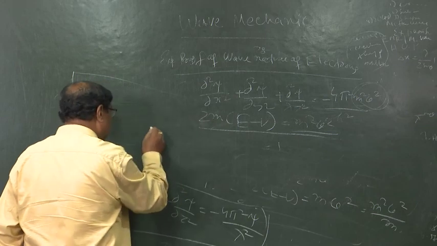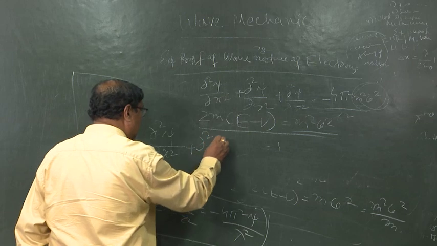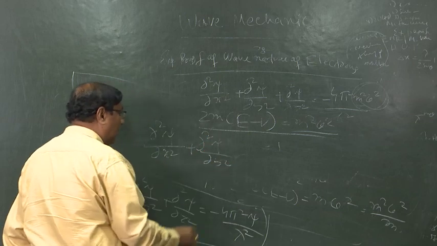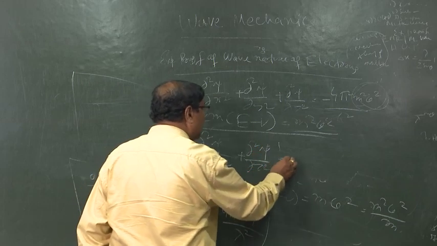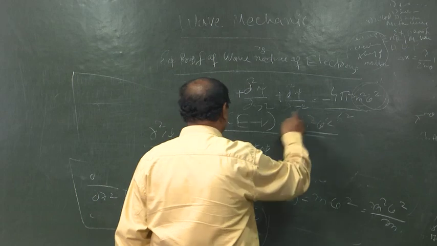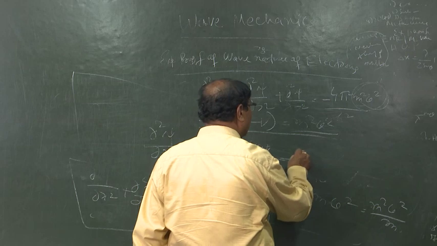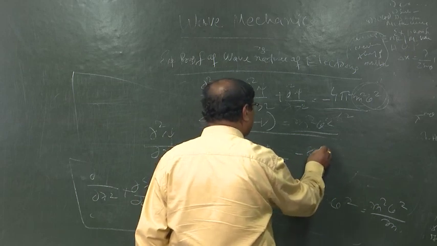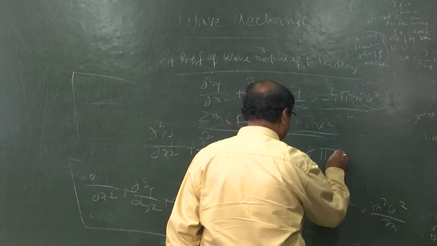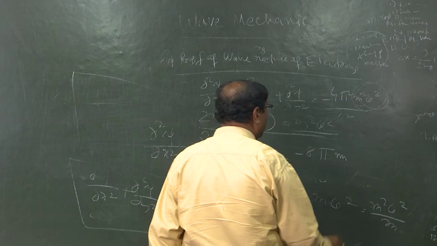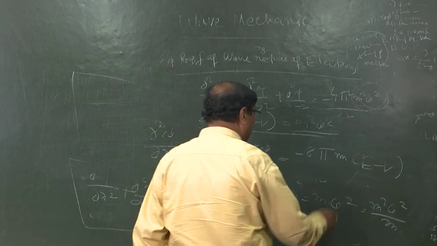So the equation is del square psi by dx square plus del square psi by dy square plus del square psi by dz square is equal to, putting m square v square against it, 2m(E minus V). So this will be minus 8 pi square m (E minus V) by h square.